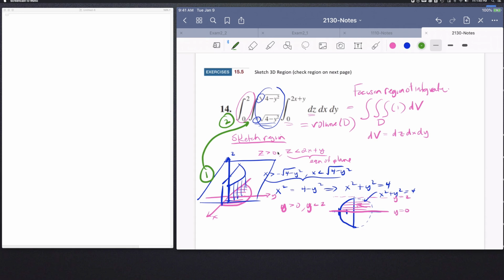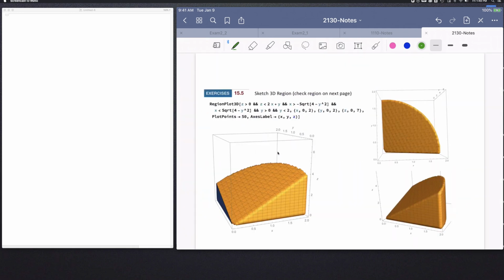So if you want a nice picture of what this looks like, we can see here that this is part of the region. Let me pause for a second because it's looking like a quarter of a circle.